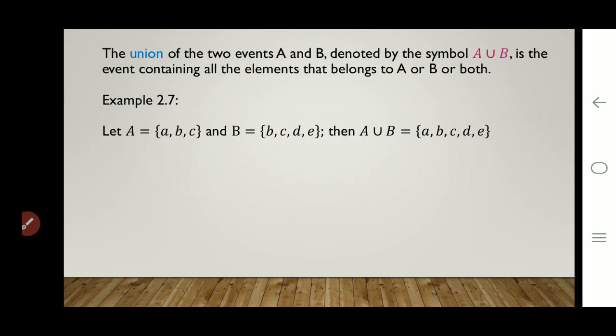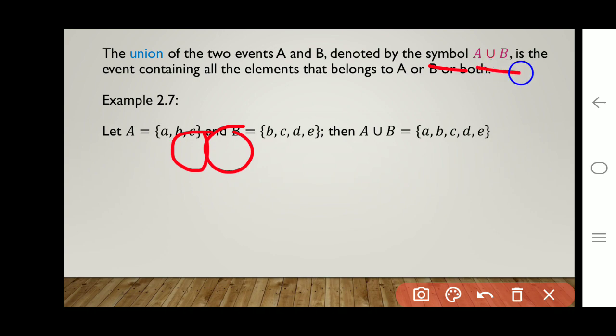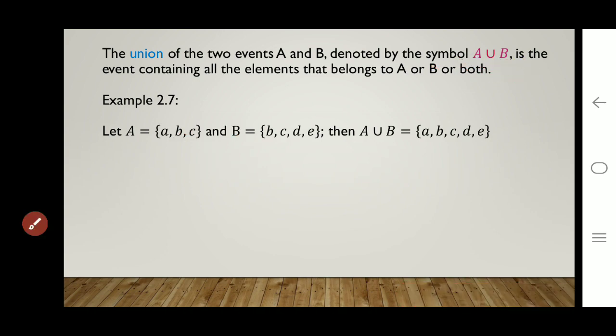The union of the two events A and B denoted by the symbol A ∪ B. So ito naman yung ano niya. A union B is the event containing all the elements that belong to A or B or both. So meron tayong example dito. Let A equals {a, b, c}.